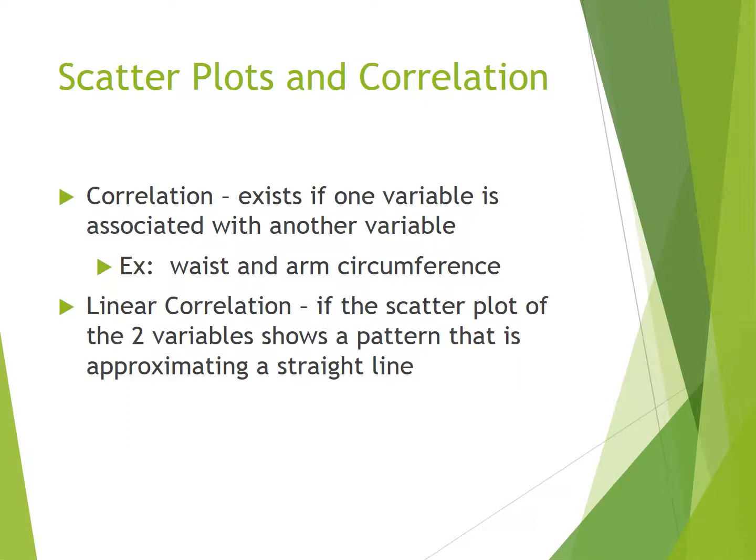Now, scatter plots can be used to determine correlation. Correlation exists if one variable is associated with another variable. For example, if our waist circumference is associated with our arm circumference, and there's a linear correlation if, when we do the scatter plot of the two variables, the pattern is approximating a straight line.